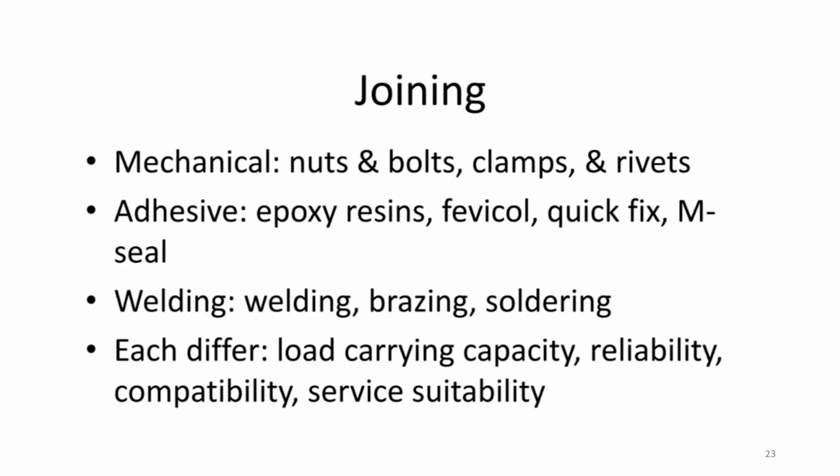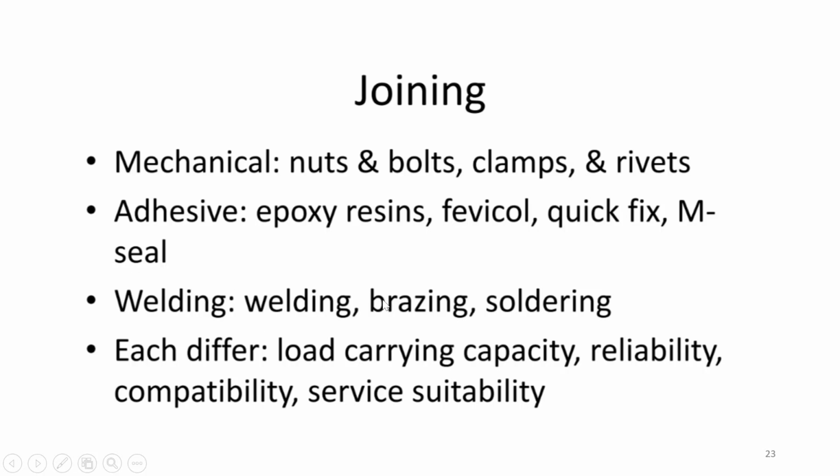Then joining. So joining can be of three types. It can be mechanical join, it can be adhesive join, or it can be welding type of joining. In case of mechanical, you have nuts and bolts, clamps and rivets. In case of adhesive, you can have epoxy resins, Fevicol, Quick Fix, M-Seal.